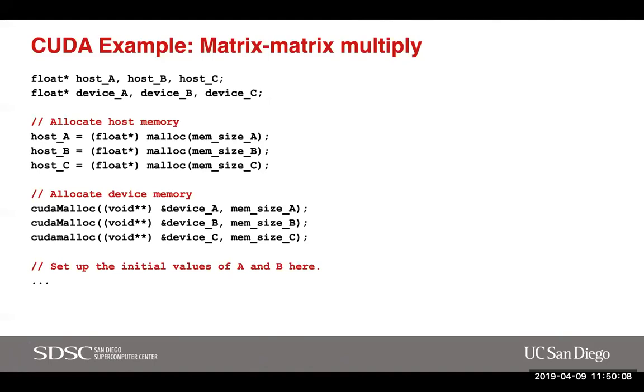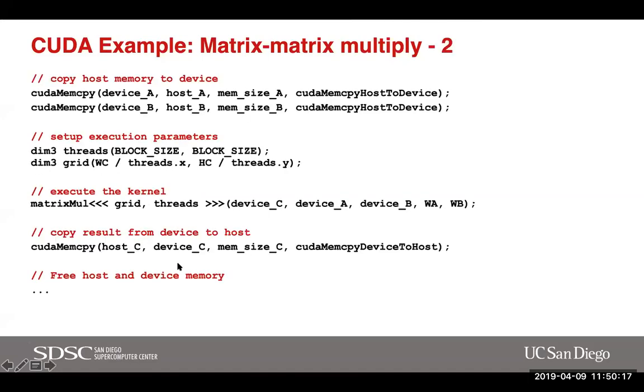It's going to take too long to explain probably, but what you do is you allocate your memory on the CPU and on the device, you read in data from somewhere, then you copy the data that you have, so the matrices A and B, from the host to the device, so CPU to GPU.